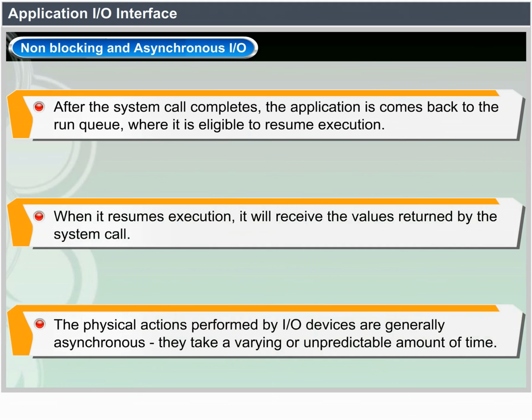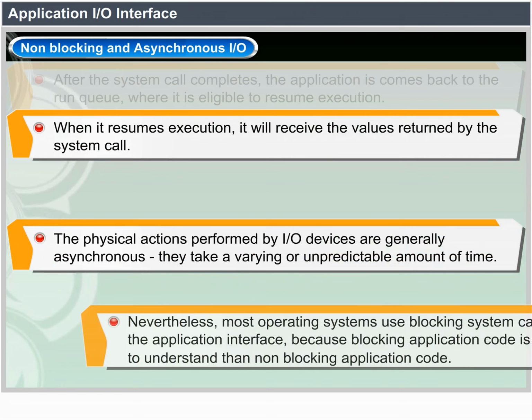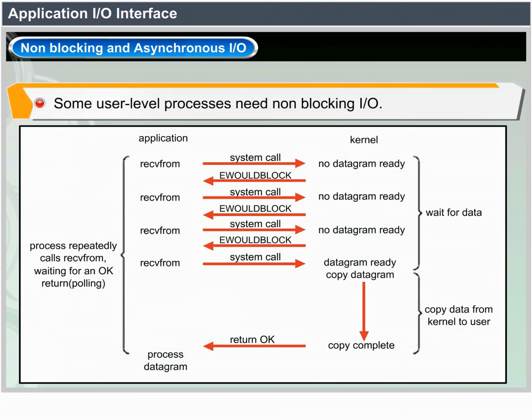The physical actions performed by input-output devices are generally asynchronous. They take a varying or unpredictable amount of time. Nevertheless, most operating systems use blocking system calls for the application interface because blocking application code is easier to understand than non-blocking application code. Some user-level processes need non-blocking input-output.